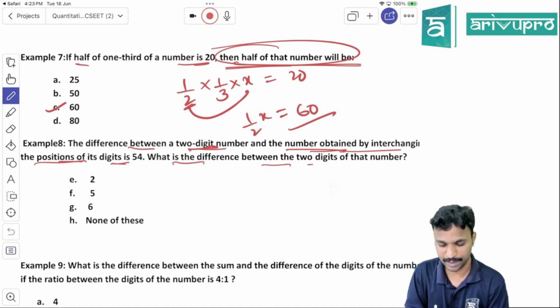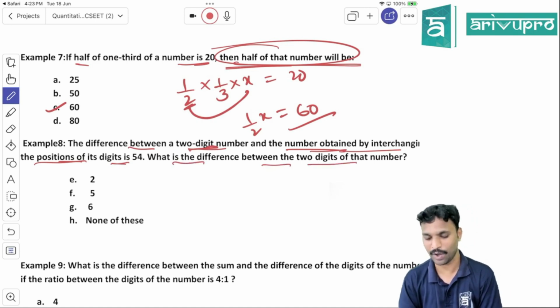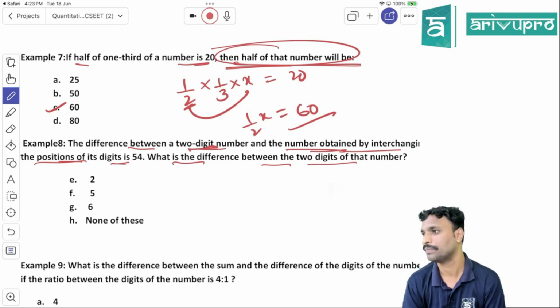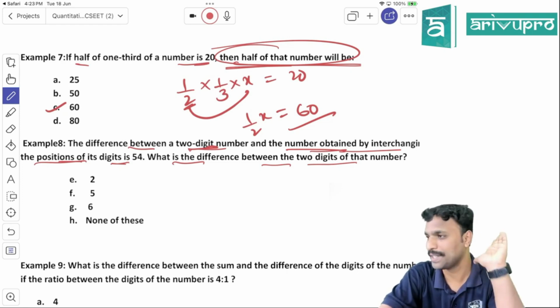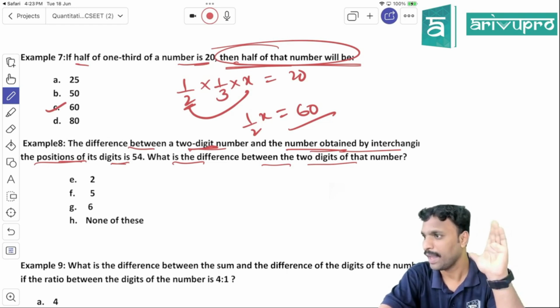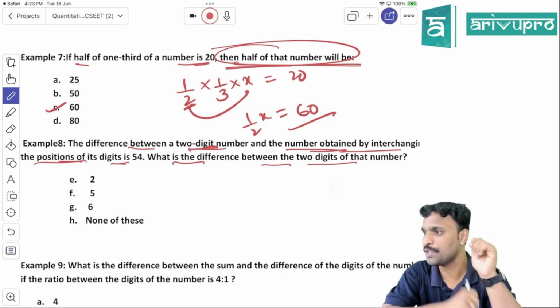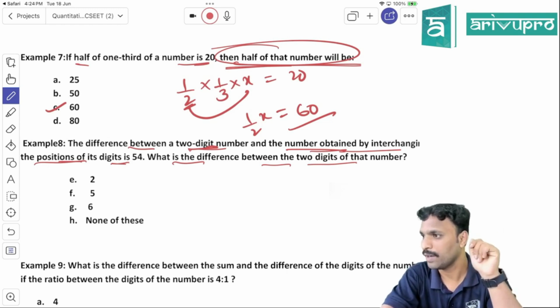What is the difference between the two digits of that number? What do you understand by this? There is one 2-digit number, and there's one more 2-digit number which is obtained by reversing it, and the difference should be equal to 54. Try.